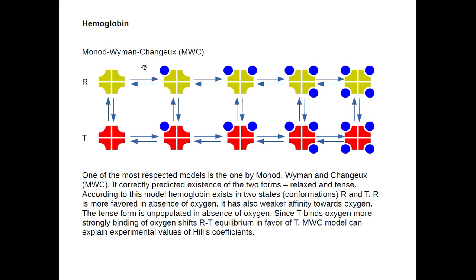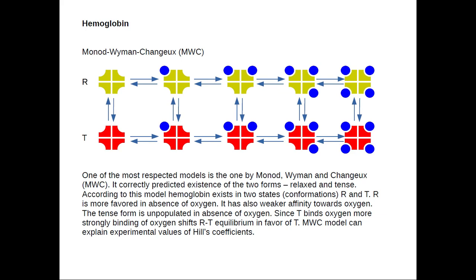So here is some dissociation constant for the relaxed state. Here is some dissociation constant for the tense state. And this constant here is the same as here, and the same here, and the same here, and the same for the tense state dissociation constant here, here, here, and here. So we got one dissociation constant for the relaxed state, one dissociation constant for the tense state, and some equilibrium between them.